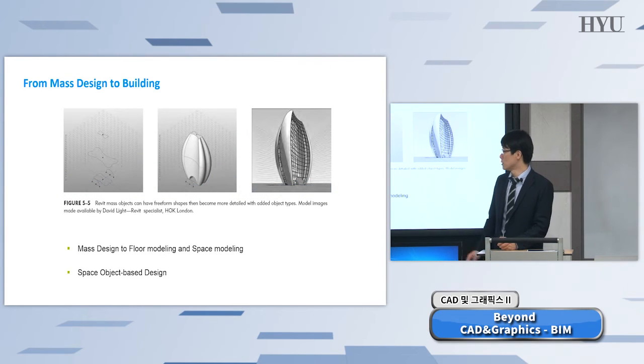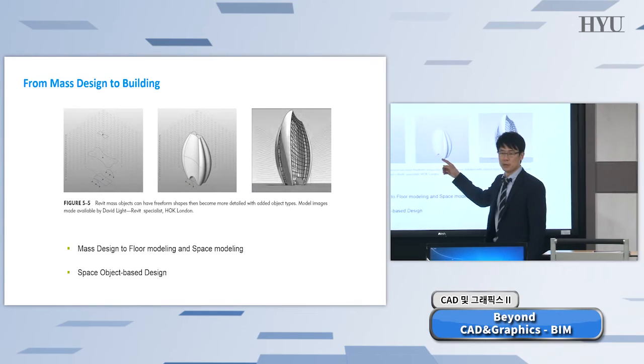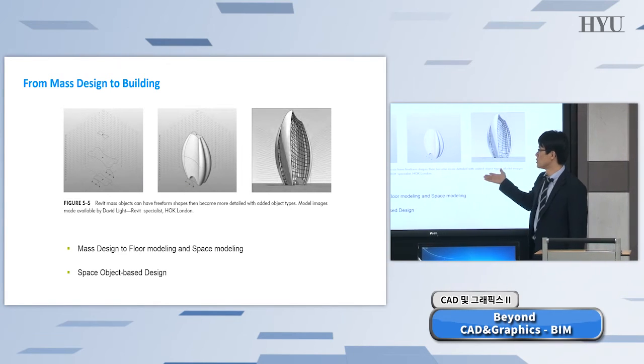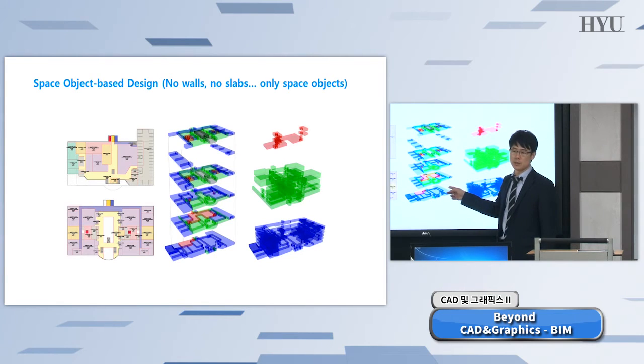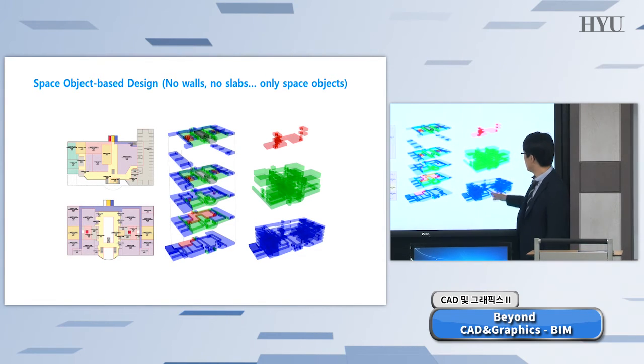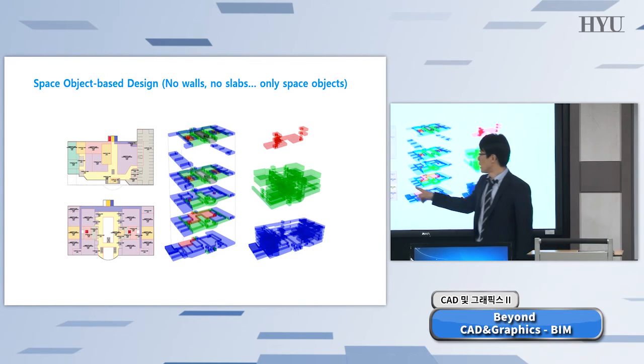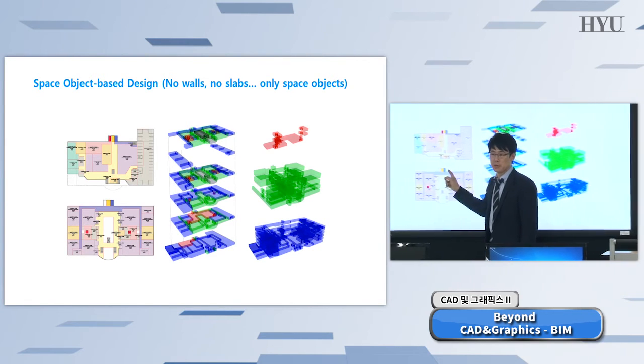But in a BIM model, we can make some mass model-based structure using simple geometry. Take a look at this case. They are a collection of space objects, okay? Space for corridors, toilets, office area. And then we can separate different uses of spaces. At the end, this is the Revit interface, okay?